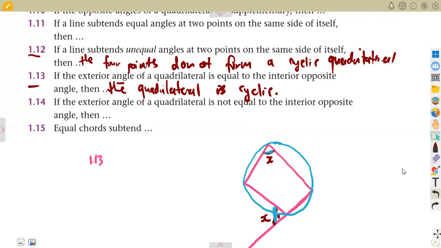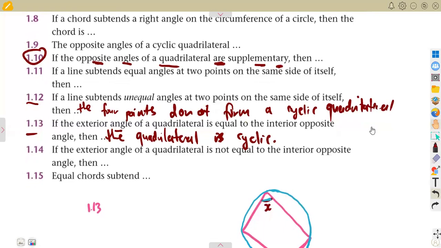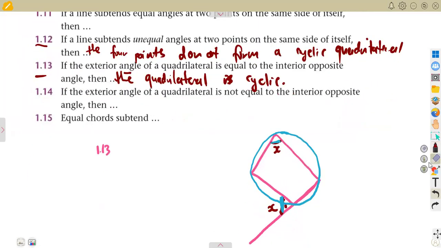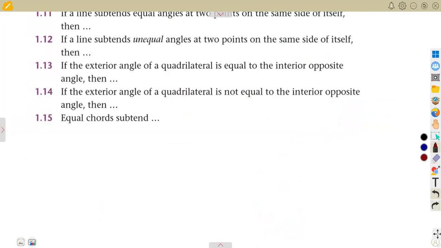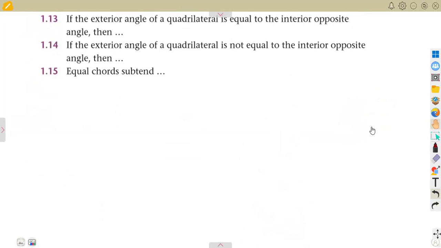If you still remember your 1.10, I explained about the issue of a cyclic quadrilateral: if the opposite angles of a quadrilateral are supplementary, then it is a concyclic, a cyclic quadrilateral. Same thing. It's just a reverse of what you are used to on your normal theorems.